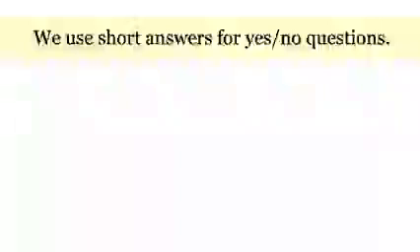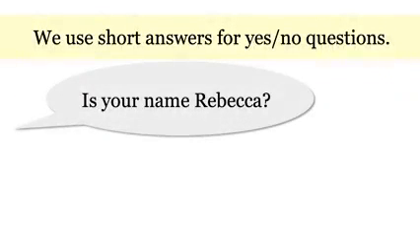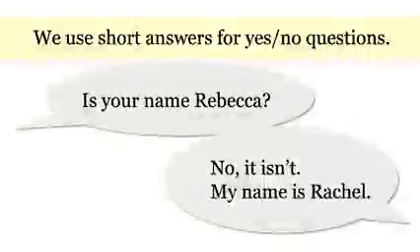We use short answers for yes/no questions, but of course you can just answer yes or no. Sometimes this is fine, and sometimes it sounds too short. Let's look. Is your name Rebecca? No. How about this? Is your name Rebecca? No, it isn't. My name is Rachel.